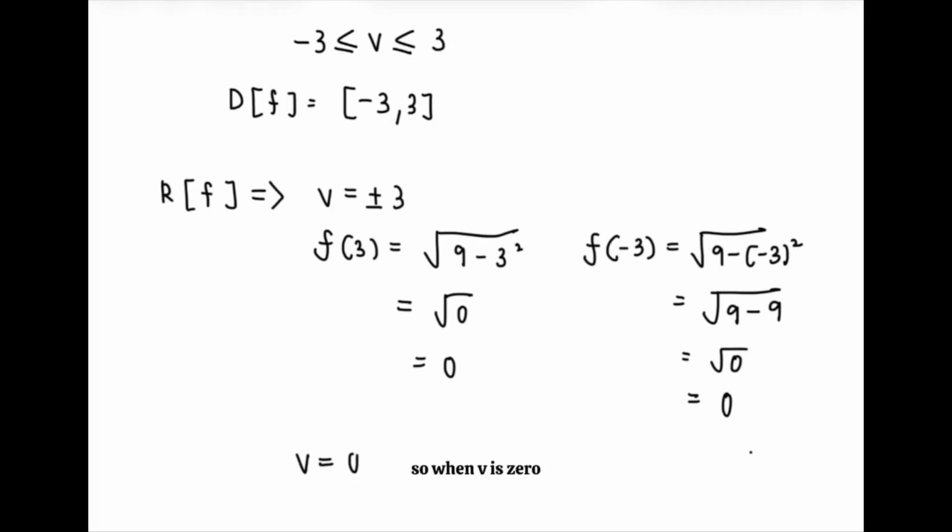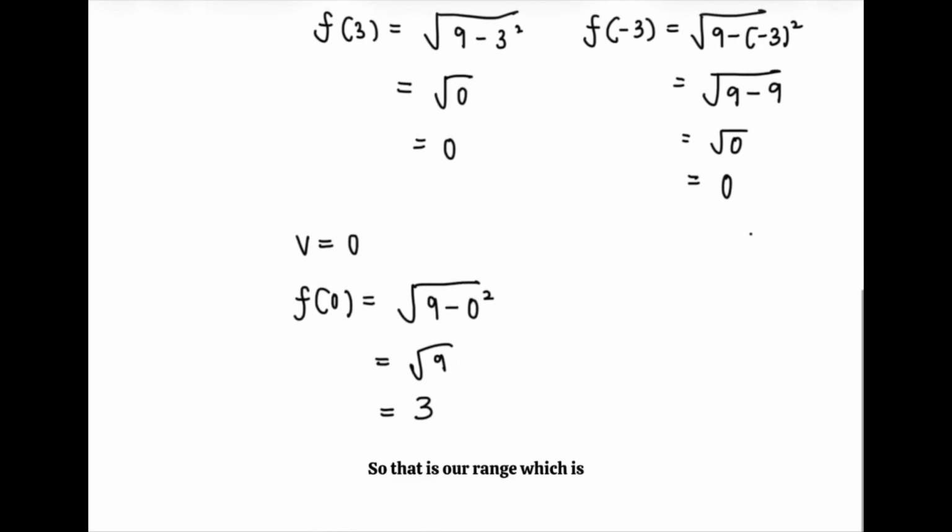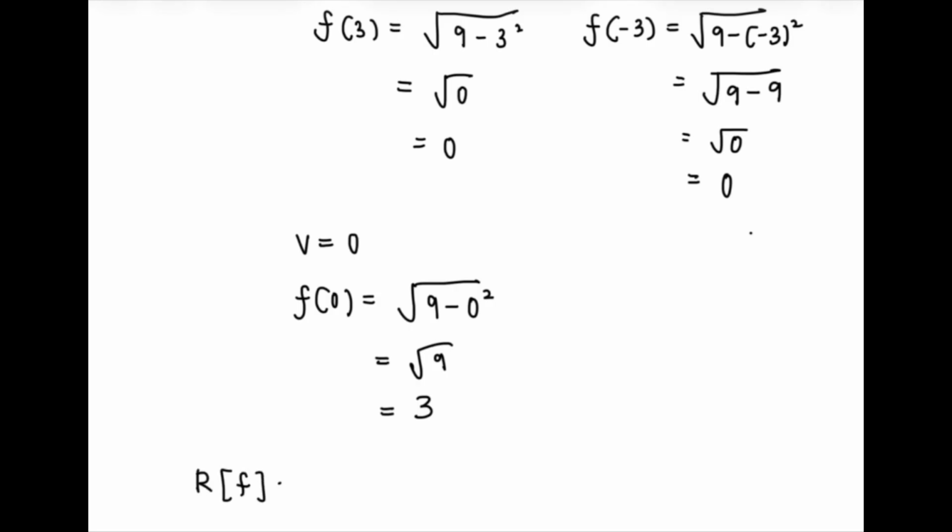So when v is 0, we get the square root of 9 minus 0 squared, which gives the square root of 9, and then it will be equal to 3. So the smallest f value is 0, and the biggest value is 3. So that is our range, which is square bracket 0 to 3.